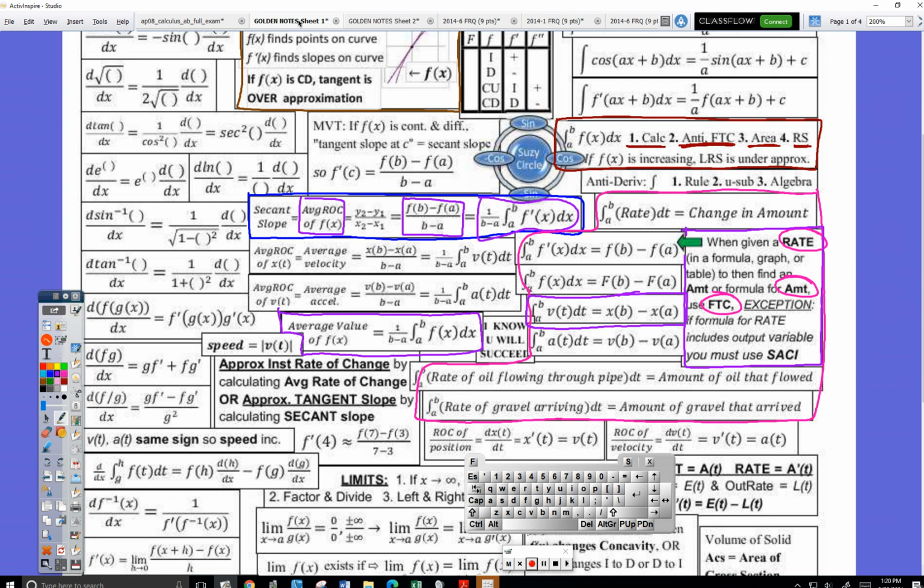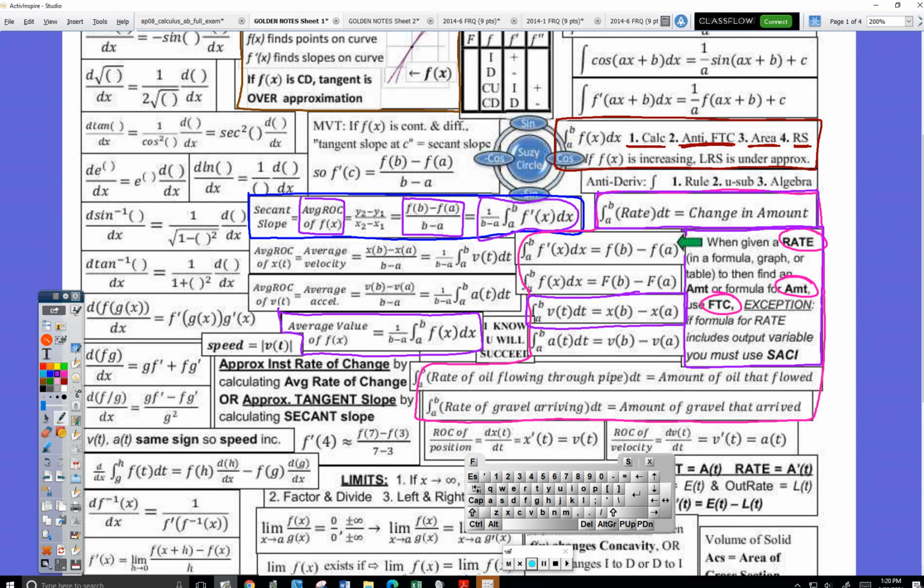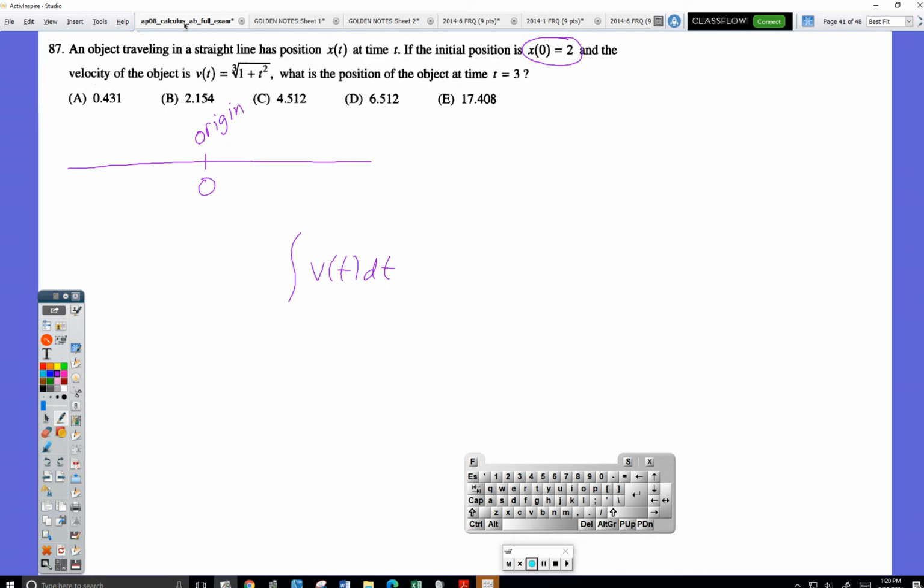Whenever you integrate a rate, you discover how much the amount changes. So in this case, the amount is what? The amount is position.